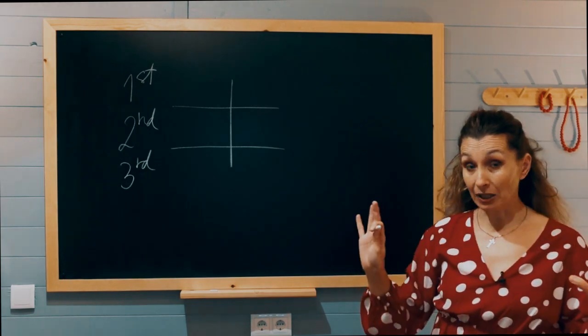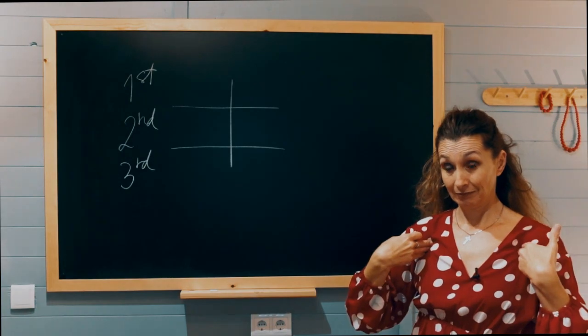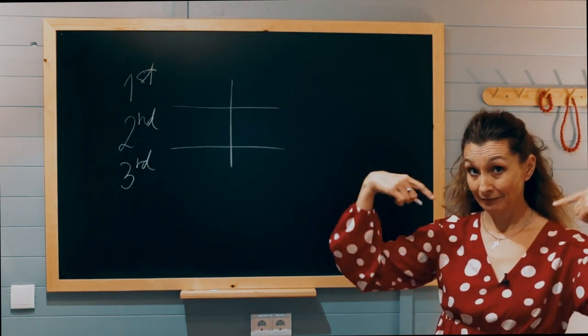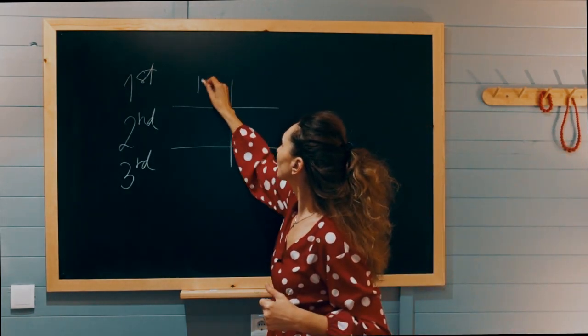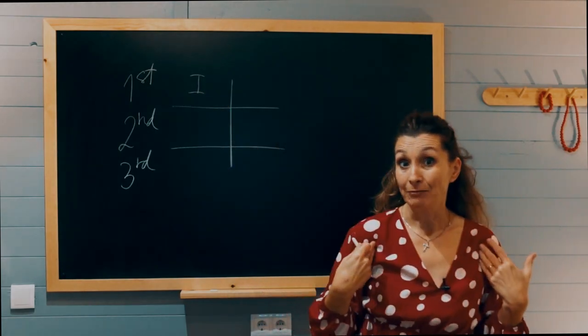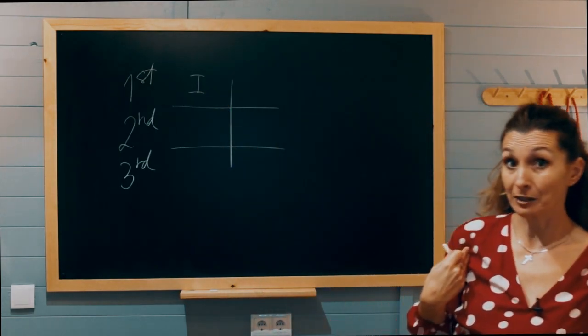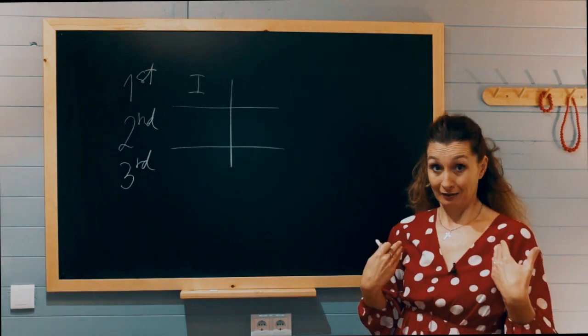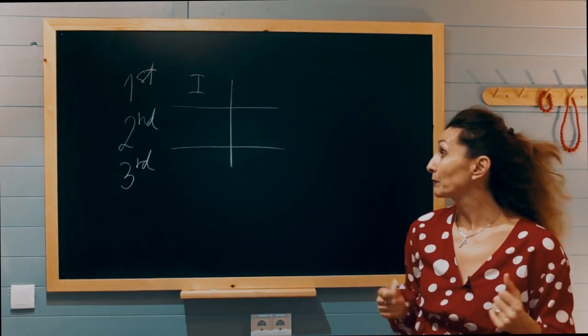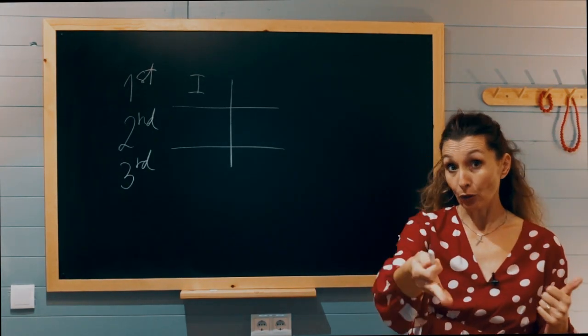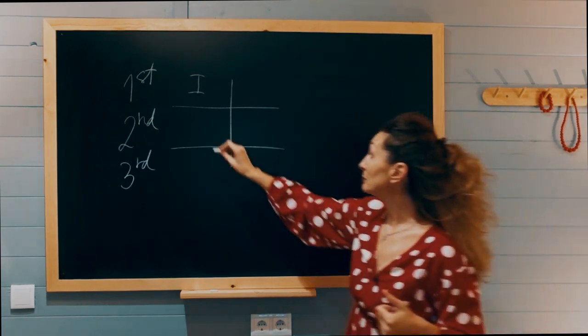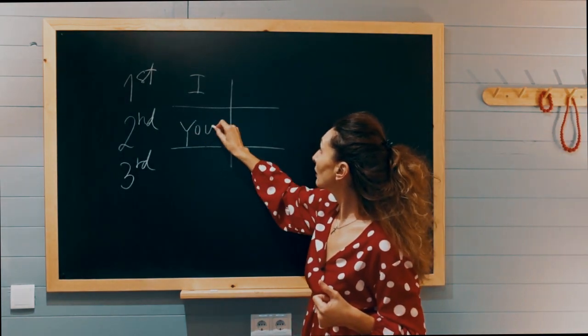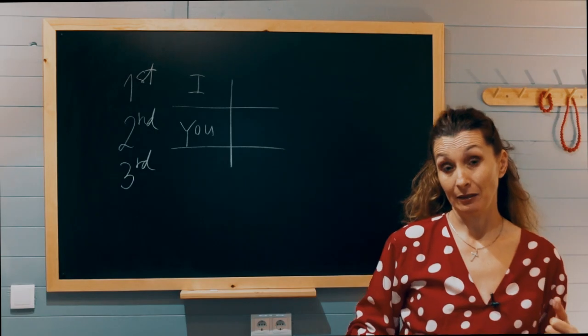So in English, the speaker, I. If I speak in the first person, then I'm speaking as I. And I'm speaking to you, you're the listener, second person.